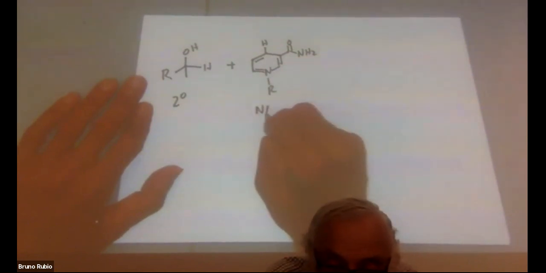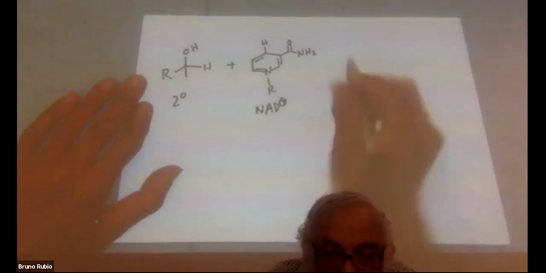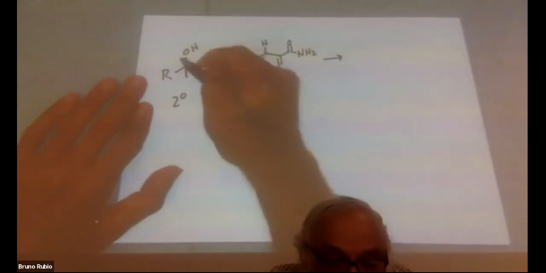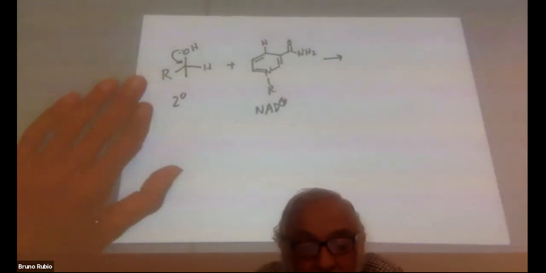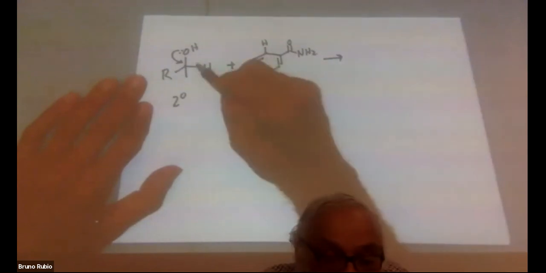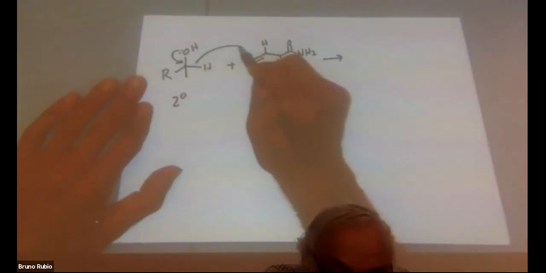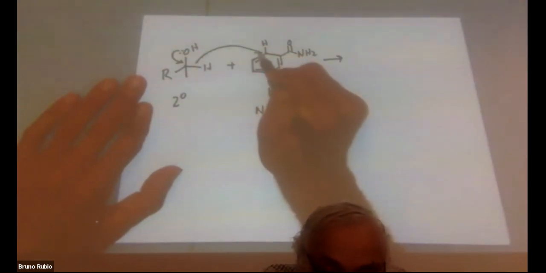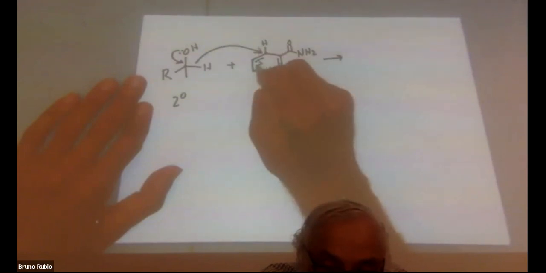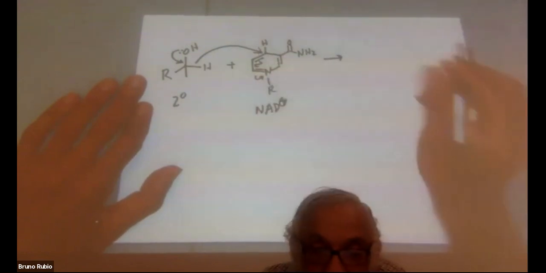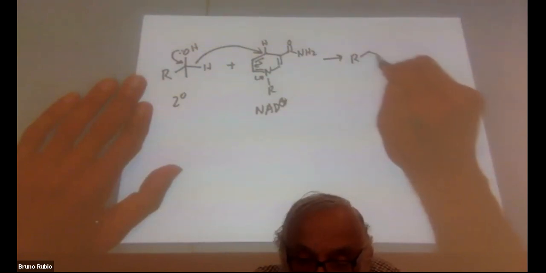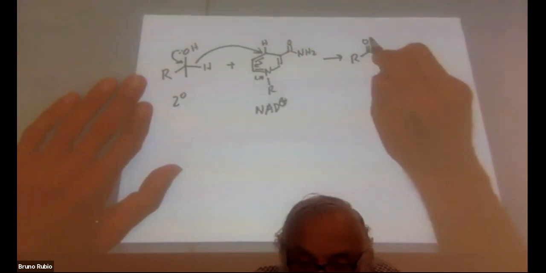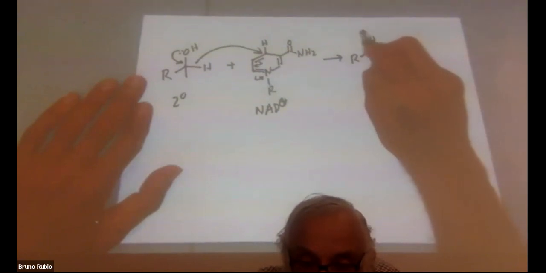So that's that NAD+, and we have the very same mechanism operating here. So electrons come down, that carbon atom can't stop there because now the carbon atom is going to have 5 bonds, so that the proton is transferred here. We get this reorganization of bonds. We have this species.